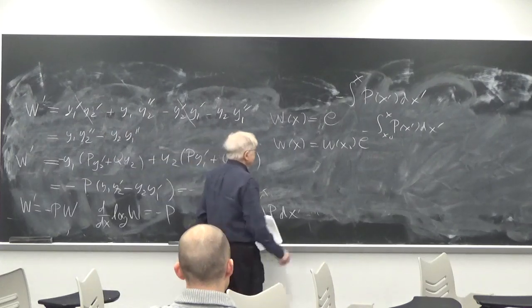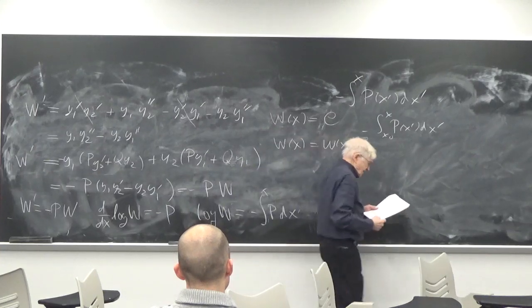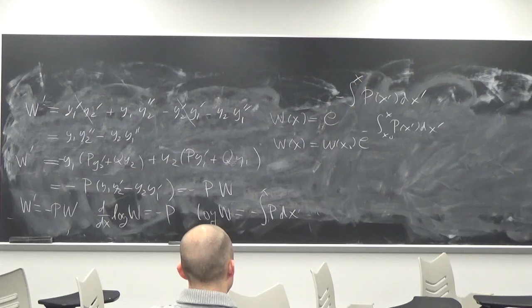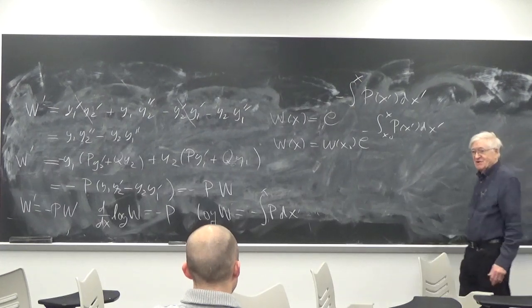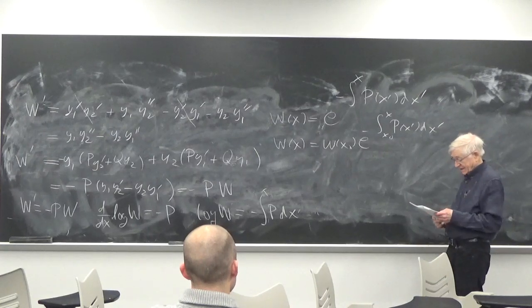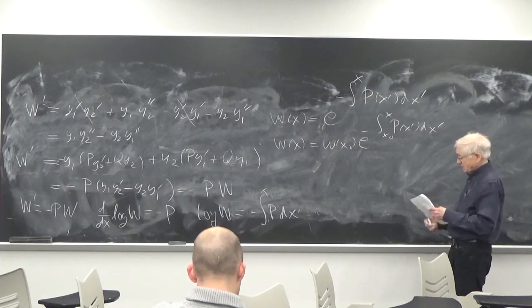And he, by the way, only lived to be 27 years of age. So he was rather precocious and unlucky. Anyway, so this is our formula for the Wronskian.